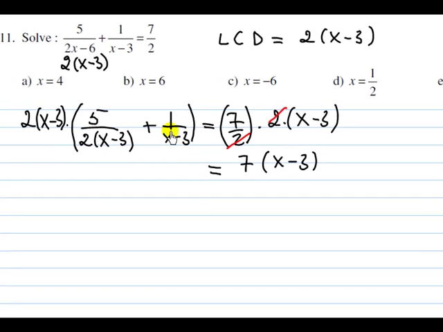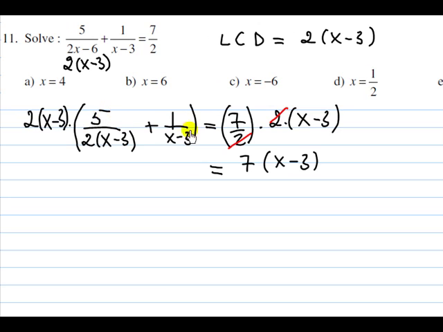A little more complicated on the left hand side because we have a binomial here, a plus sign here. So we cannot just cancel here. First we need to distribute this. We'll go like that, and then we will distribute this with the second term in the parentheses.